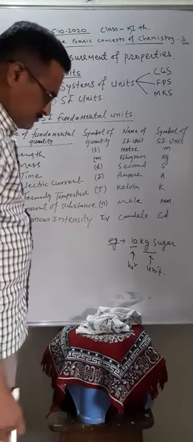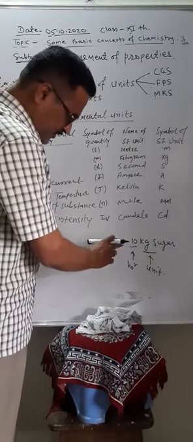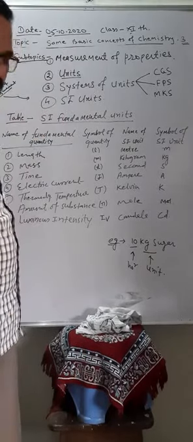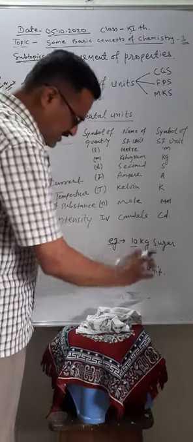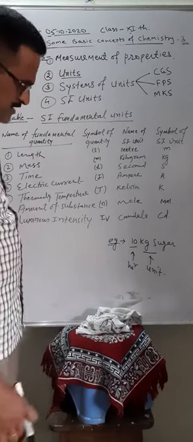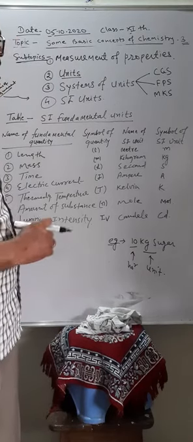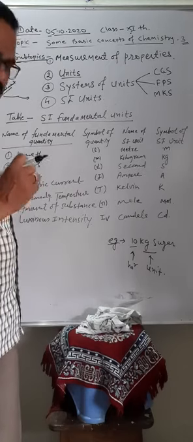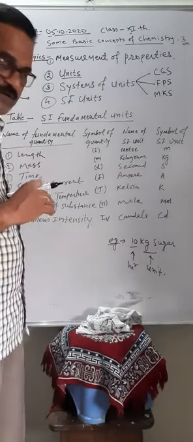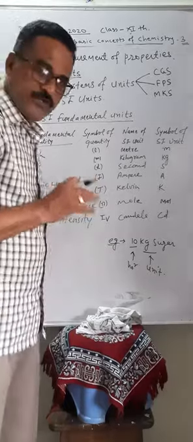So here when we say 10 kg of sugar, 10 represents the number and kg represents the unit. It means that when any property is measured quantitatively, at that time it is measured with respect to a number followed by its unit.